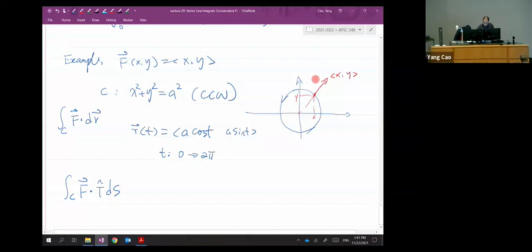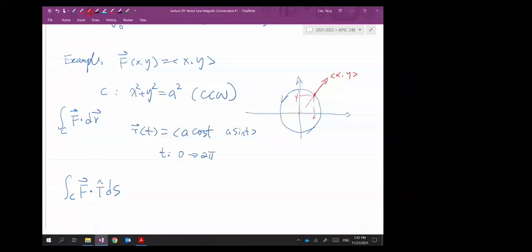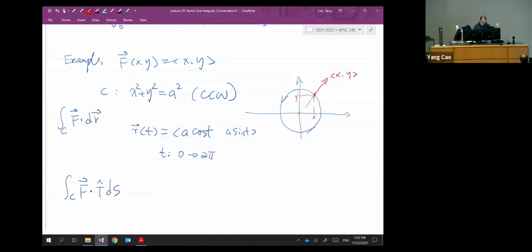So at this point, can you sketch the unit tangent vector? It goes counterclockwise, right? It's tangent. So I guess you would draw a tangent vector at that location.